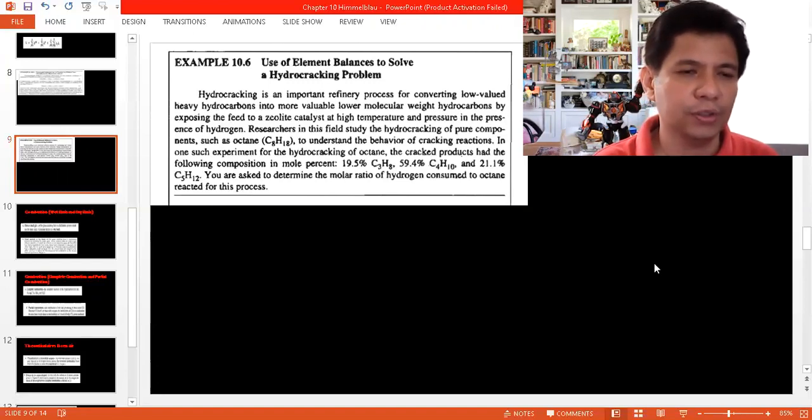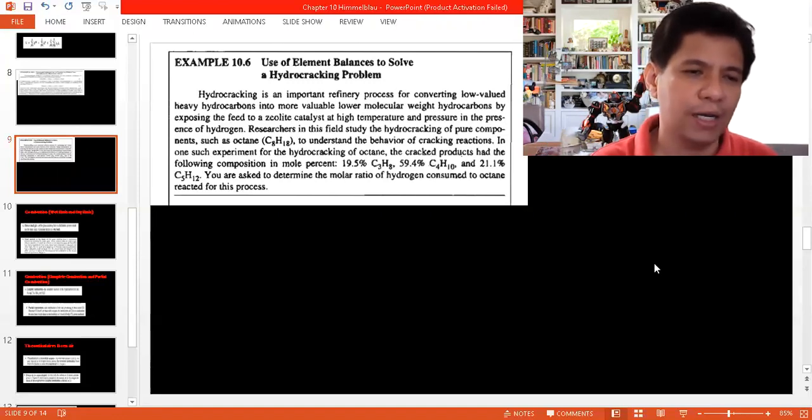Generally, in order to solve this kind of problem, a practical basis would be to use 100 moles of product. That means you will have 19.5 moles of propane, 59.4 moles of butane, and 21.1 moles of pentane. After that, since our topic is element balance, we're going to perform carbon balance and hydrogen balance. If you can imagine, there will be only one unknown for each equation.